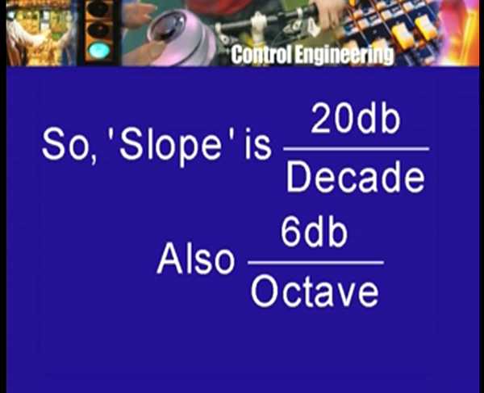For every decade change, and remember, this decade change does not mean an amount of 10 hertz, but it is a factor of 10. So, 1 hertz to 10 hertz is a difference of 9 hertz, but it is a multiplication by a factor of 10. So, 10 hertz is said to be 1 decade above 1 hertz.